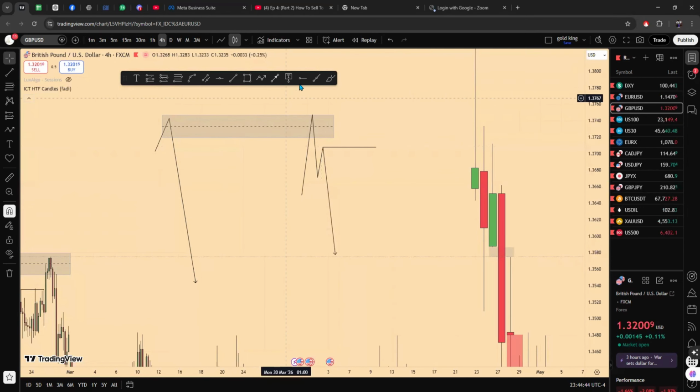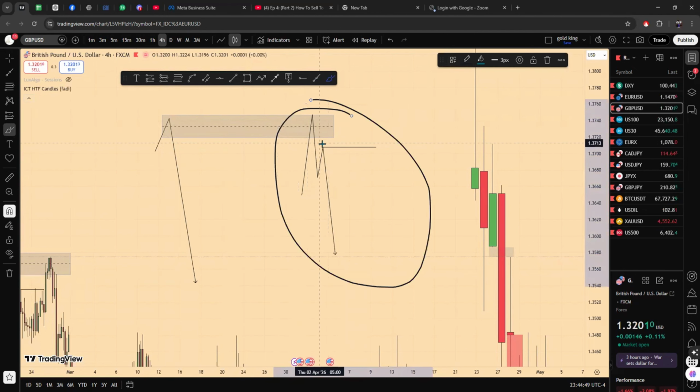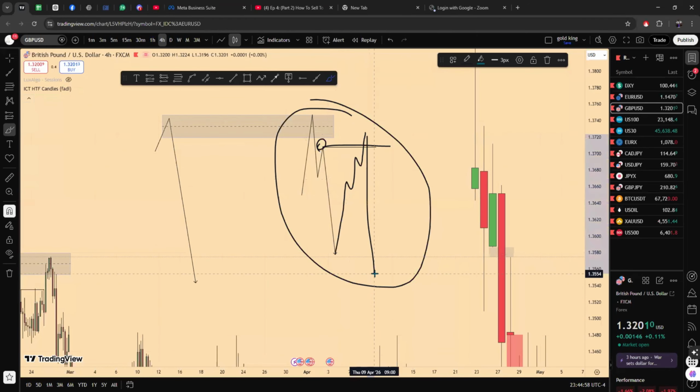One of these already has its inducement, the other does not. So this one already has its trap, which means you can just expect price to come back to the point of interest, taking out that inducement, and then continue down. But this one is different.